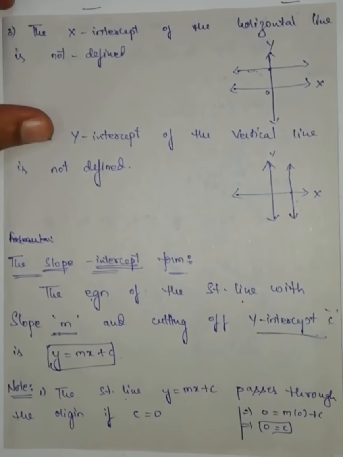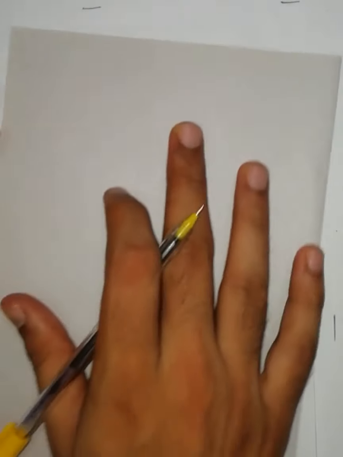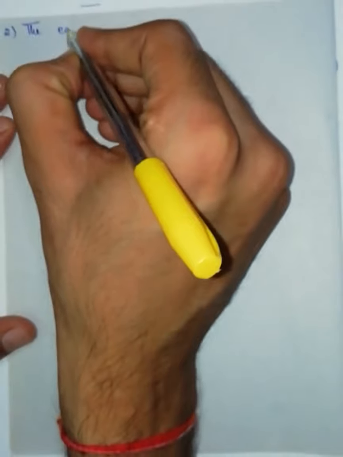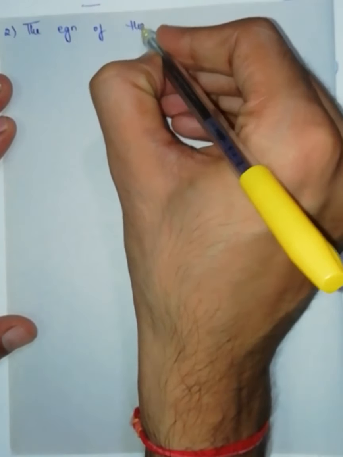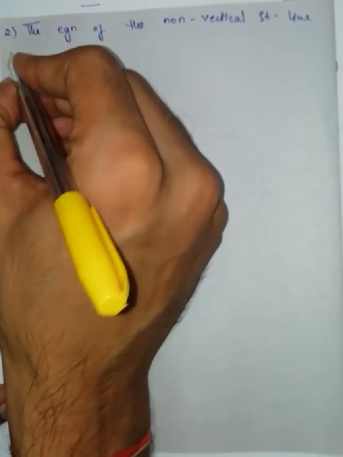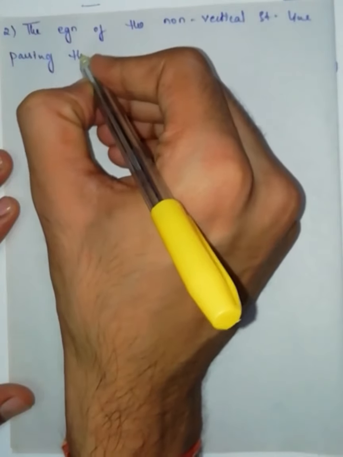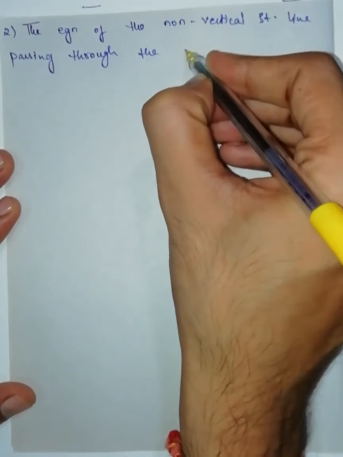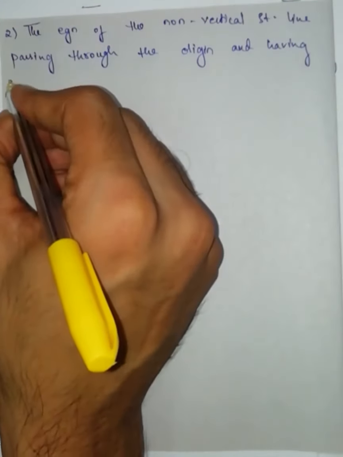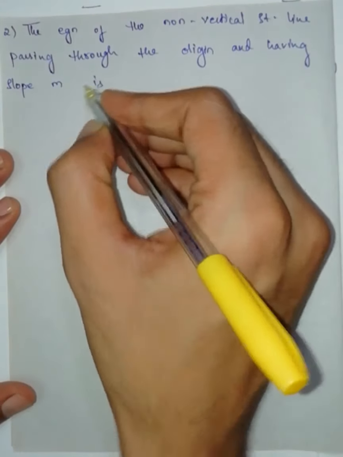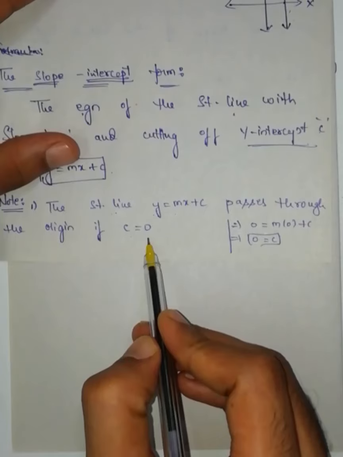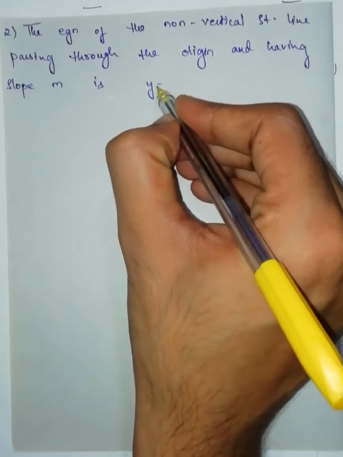Now note 2. The equation of the non-vertical straight line passing through the origin and having slope m is, since we know that if any equation passes through the origin, then c will be 0, the equation will be in the form of y is equal to mx.